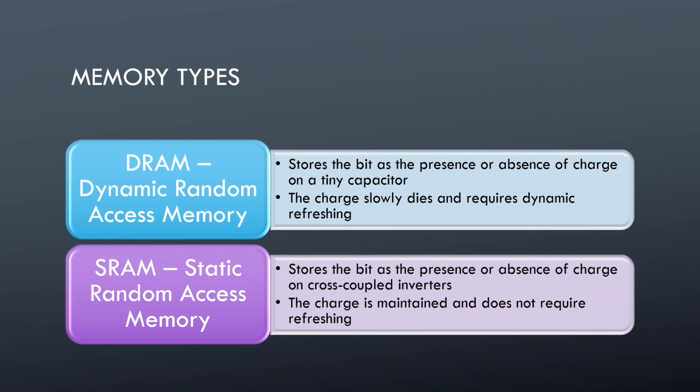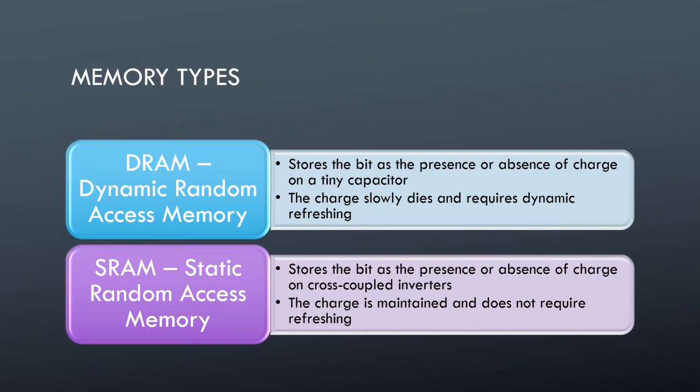So if you stored information in a dynamic random access memory, you would have to periodically power it up and provide it power for those tiny capacitors to maintain their presence of charge. Otherwise, the charge would slowly die away and you would lose anything stored in that memory.